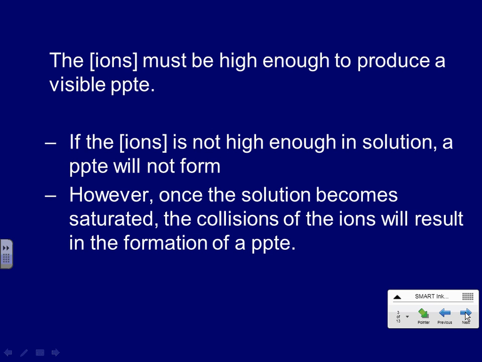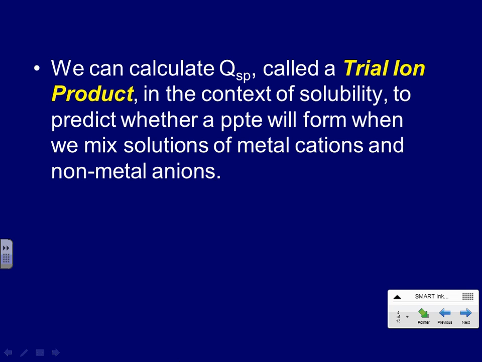We will be calculating for a Q. And this time we call it a Qsp because we're talking about solubility. And we call it a trial ion product. It's like a test K. So we calculate it exactly the same way.